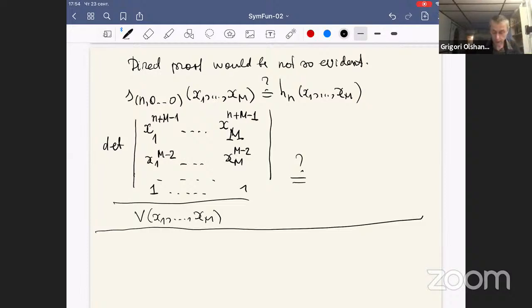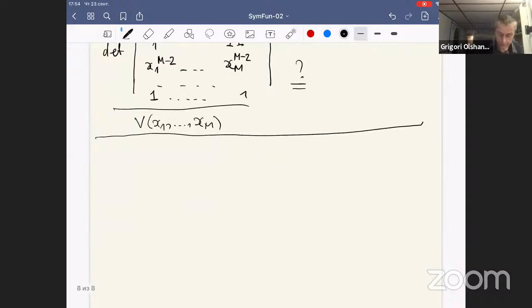Now the next result that I would like to prove is called the Jacobi-Trudi identity, or Jacobi-Trudi formula.